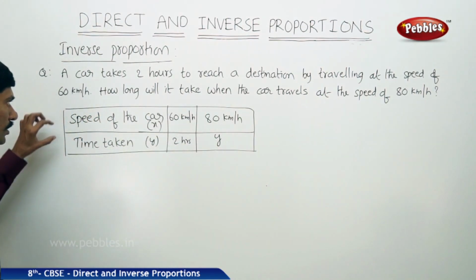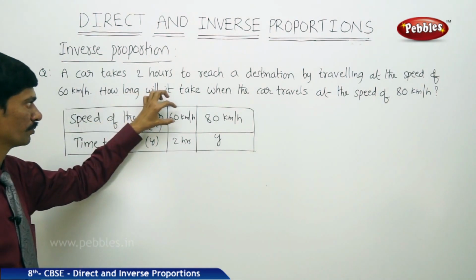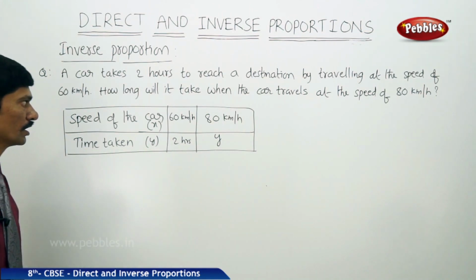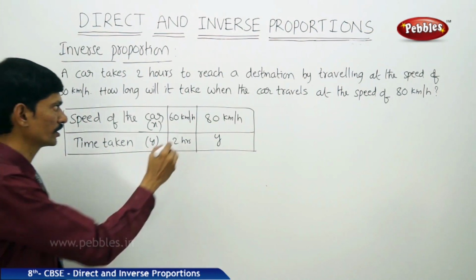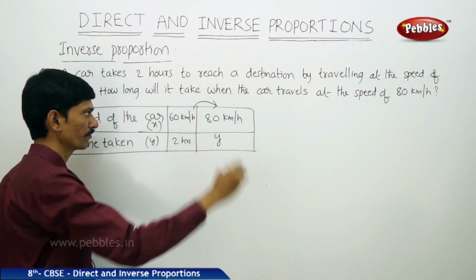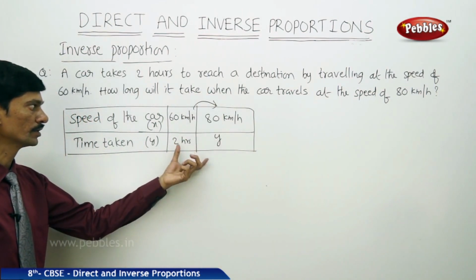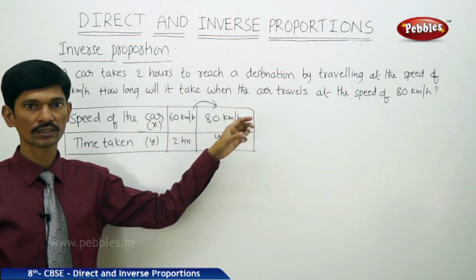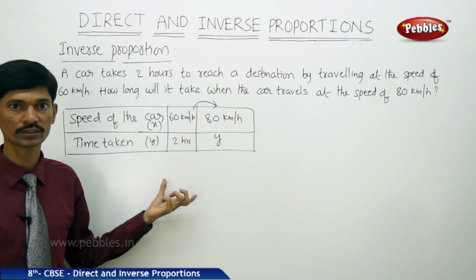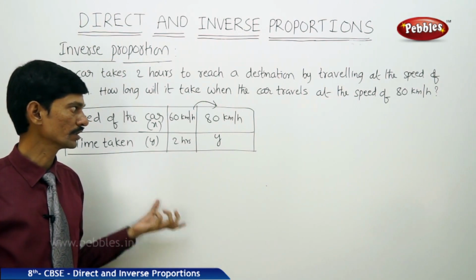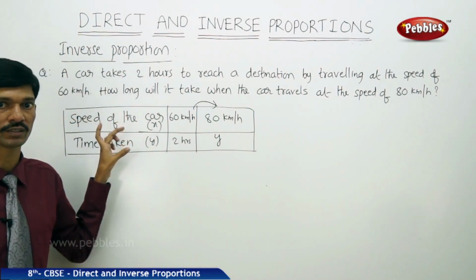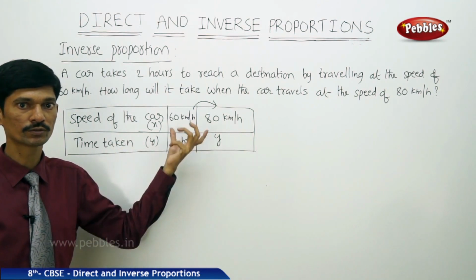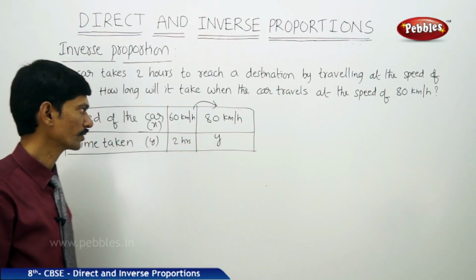So as we know that when the speed is 60 km per hour, then the car takes 2 hours to reach the destination. So when the speed of the car increases, then definitely it will take less time to reach the destination. So here if one quantity increases, then automatically the other quantity decreases. So we can say that these two quantities, the speed of the car and time taken to reach the destination, are in inverse proportion.